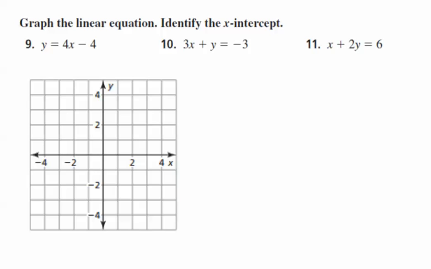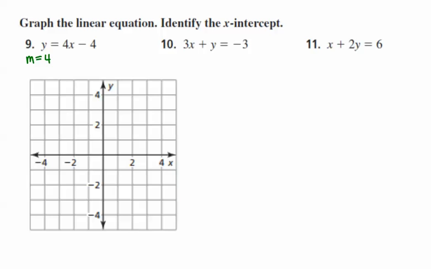Okay, in this video we actually want to begin to graph linear equations using the slope-intercept form. In the previous video, we saw that we could identify what the slope and y-intercept of an equation was if it was already in slope-intercept form.